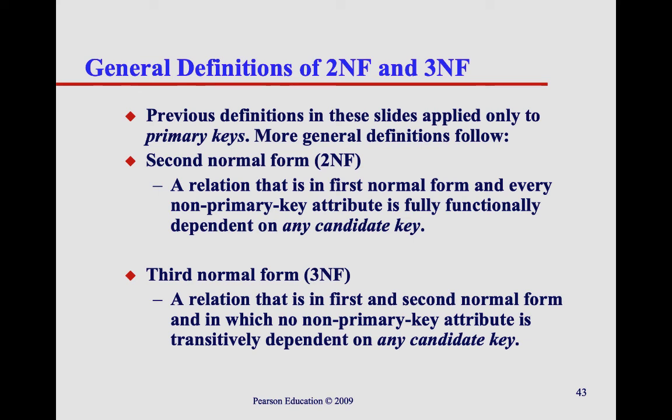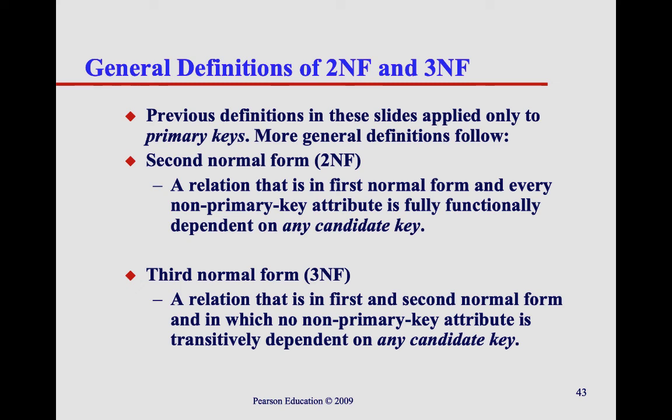So the more general definition says that when you have your relations in second normal form, not only do your descriptive attributes not depend on any partial dependency in the primary key, but they also don't depend on any partial dependencies in any candidate key.